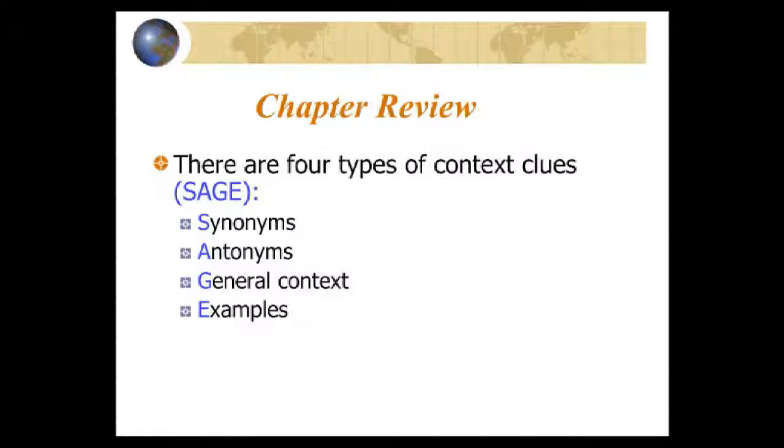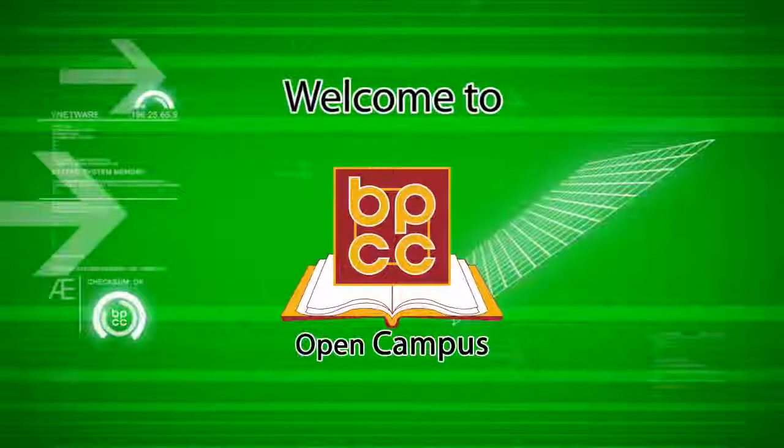Most of the time, the writer or the author of whatever you're reading will give you a couple of examples, so that if you don't understand the first example, we can look at the other example and then determine what they want us to know and how to understand what that word means. And so this will wrap up our lesson on context clues.